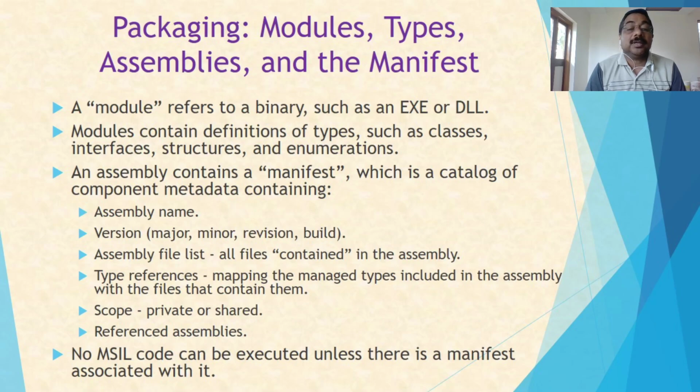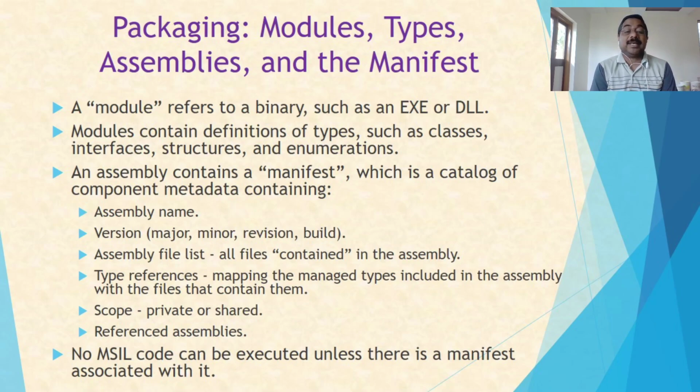An assembly contains a manifest, which is a catalog of component metadata containing the assembly name, version, assembly file list, all files contained in the assembly, type references, which map the managed types included in the assembly to the files that contain them, the scope, which is private or shared, and referenced assemblies.